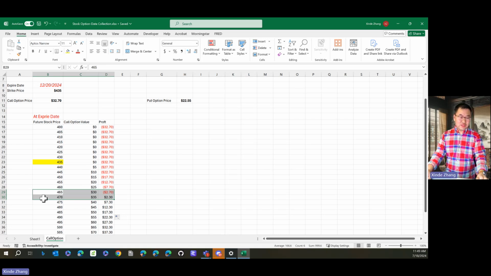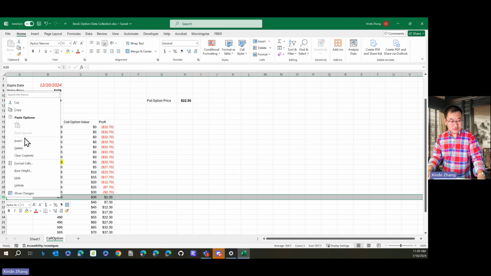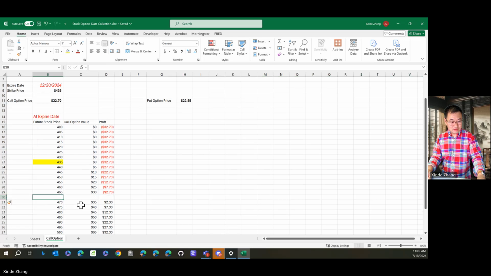And I'm going to leave that to you to figure out where the break-even point is. But if you're really curious, I can add a row here. So here I'm going to do a little math.